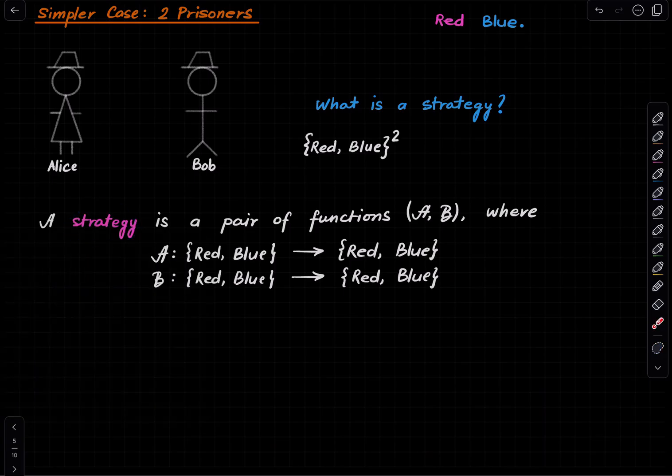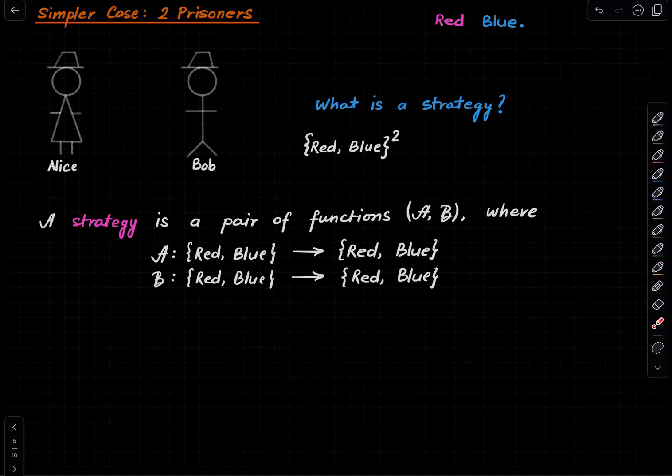So once the hats are placed, Alice will see one of the colors. She will either see red or blue on Bob's head. And once she sees a color, she will, according to this function, just output what that function says. Similarly for Bob. So this is the rule by which they utter their responses.